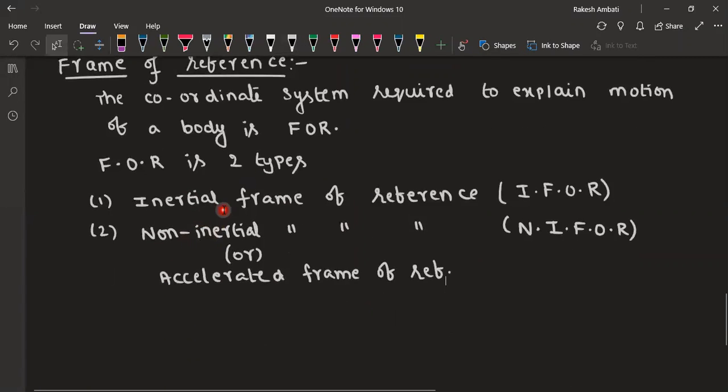First one is inertial frame of reference, simply we follow IFOR, meaning inertial frame of reference. And the second one is non-inertial frame of reference, simply NIFOR, or accelerated frame of reference. So the first one is the inertial frame and the second one is the non-inertial frame, or we can say accelerated frame.